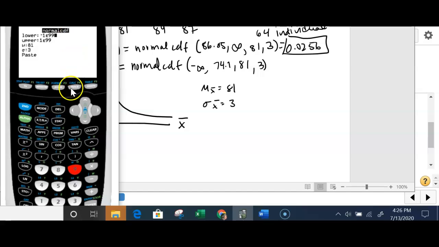My upper bound is going to be 74.7. Mean and standard deviation are those. Push enter, and I get 0.0179.